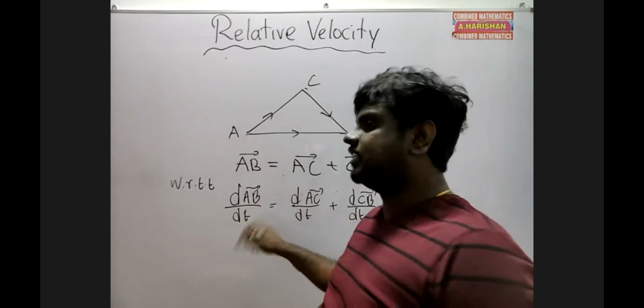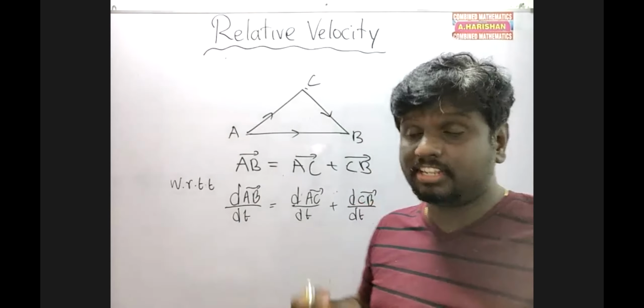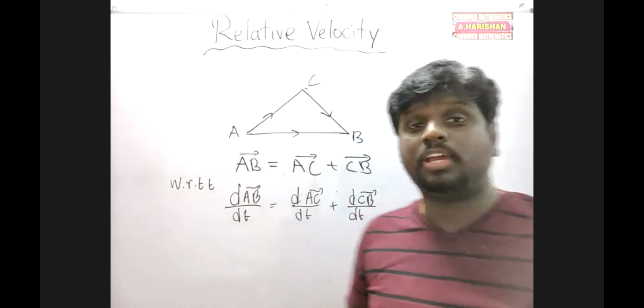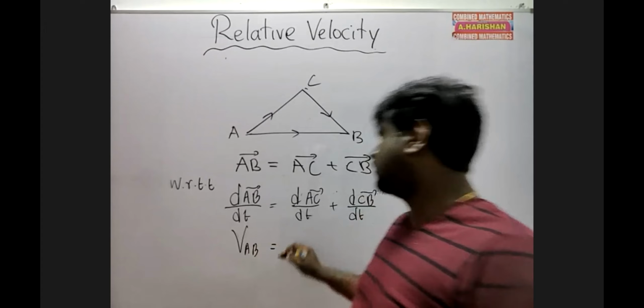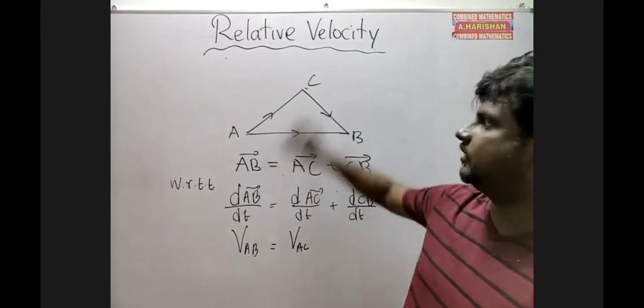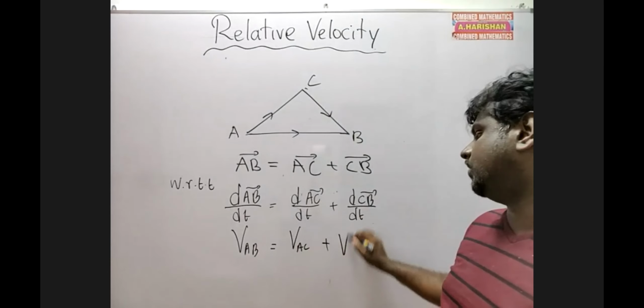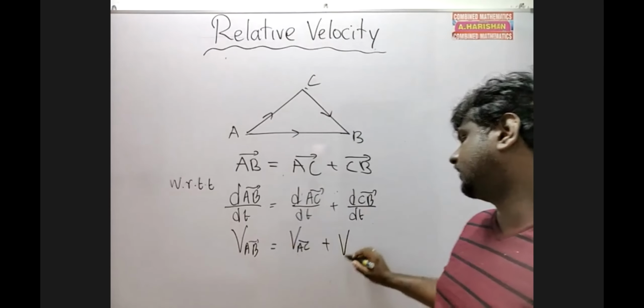If you differentiate the displacement with respect to time, you get velocity. Velocity AB equals velocity AC plus velocity CB.